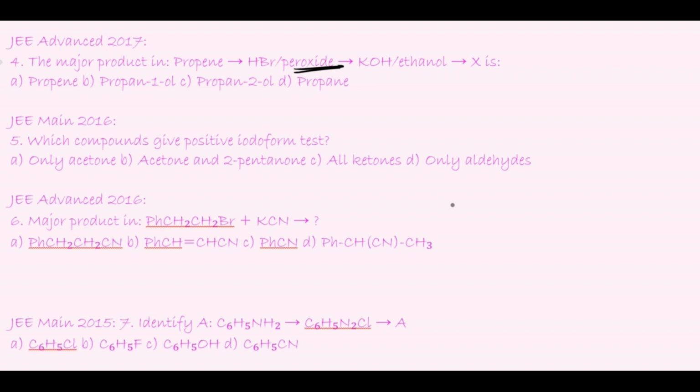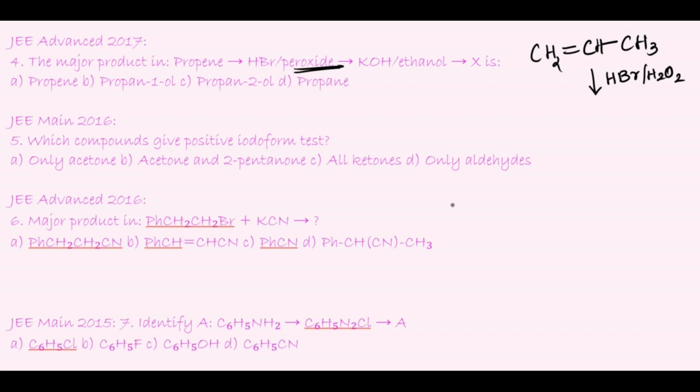If it is HCl with peroxide, then that will not give you the Kharasch effect. So propene, HBr, peroxide: the Kharasch effect is taking place.